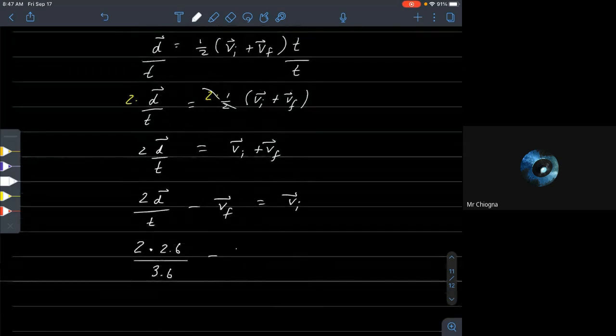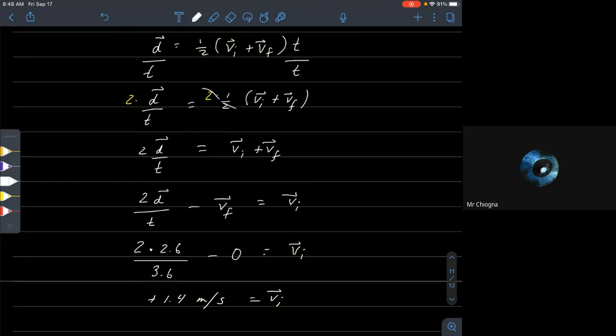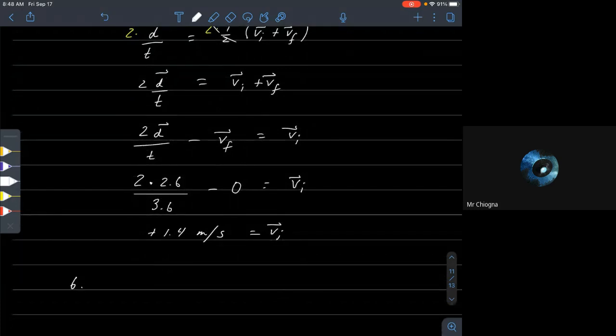Minus VF, VF is 0. So what's that? 5.2 over 3.6. It's a little, what, 2.5-ish? No, I estimated wrong. So it's 1.4. It's positive because it's going up. Moving upwards is positive.